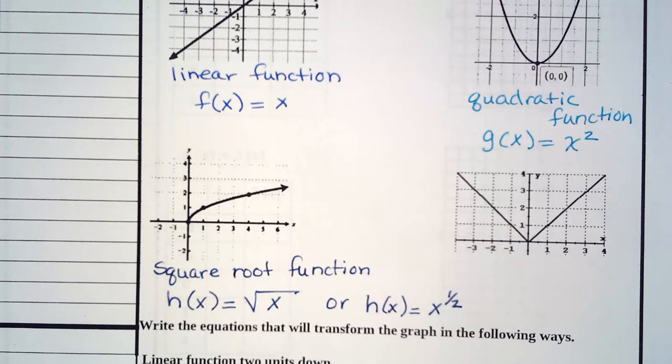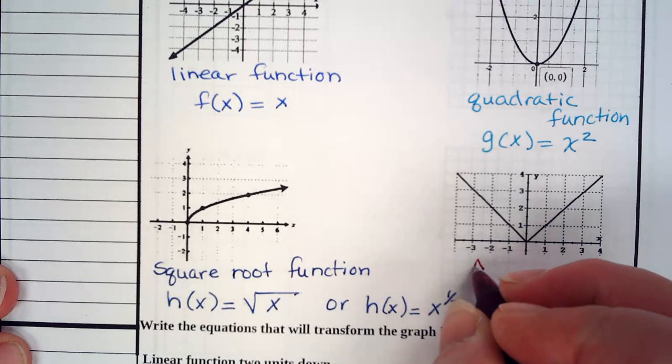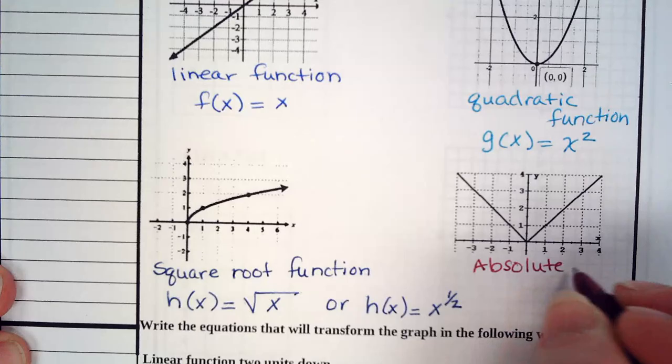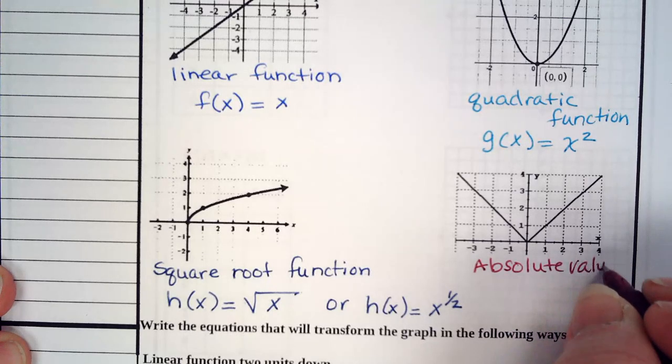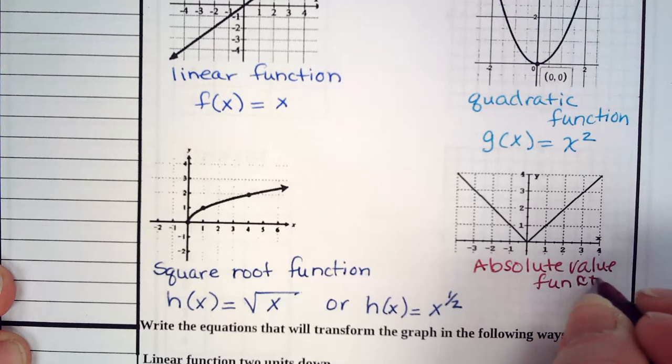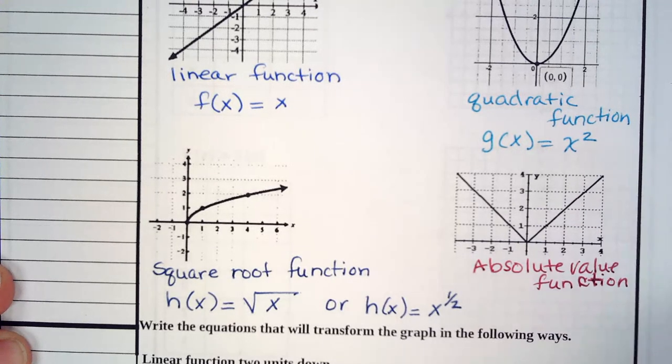So for the last one, what in the world is that last one that forms a V? It is the absolute value. The absolute value function.